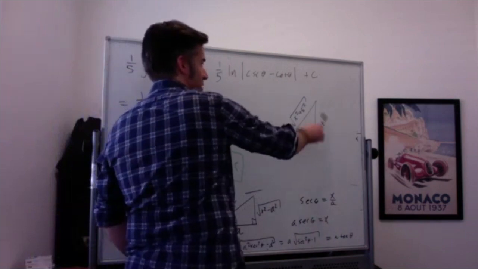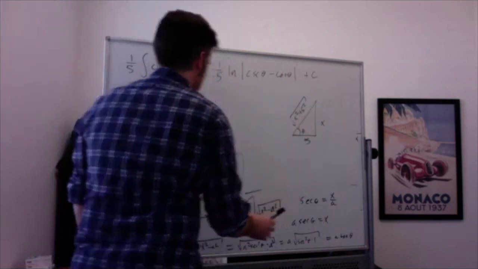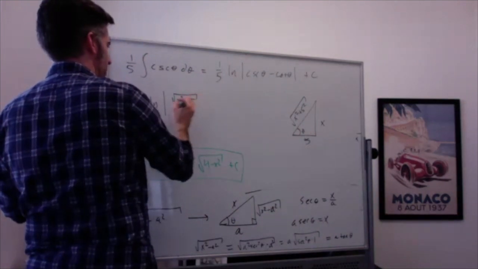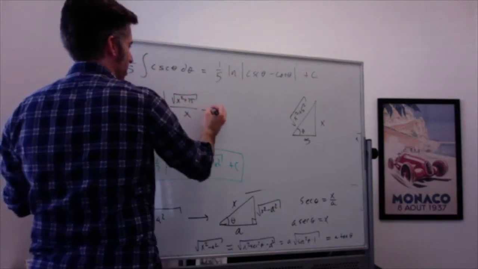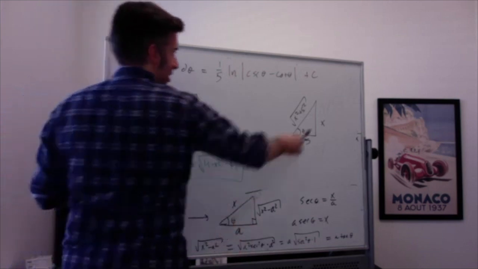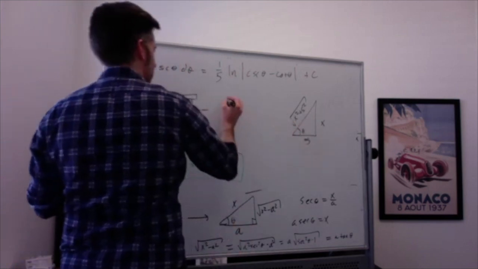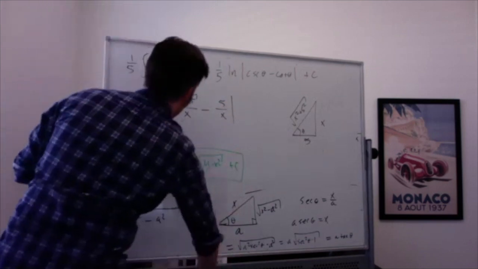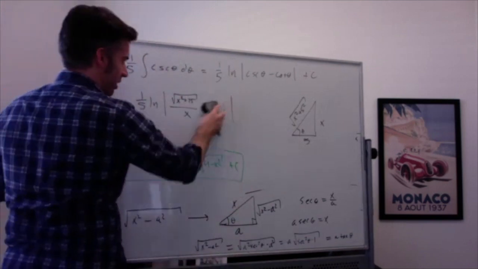Sine is x over square root of x squared plus 25. So cosecant is the square root of x squared plus 25 over x minus cotangent, which is not opposite over adjacent, but adjacent over opposite. And I would probably write that as one fraction, as this minus 5 all over x.